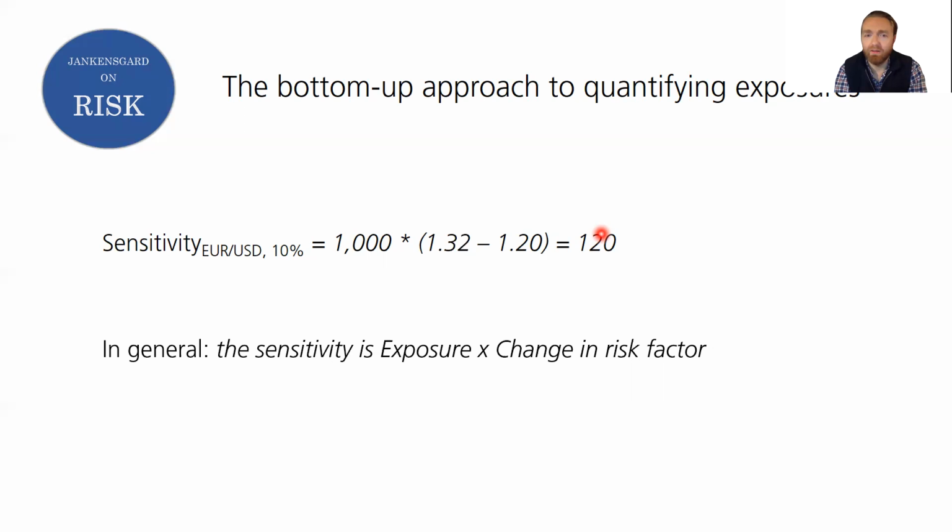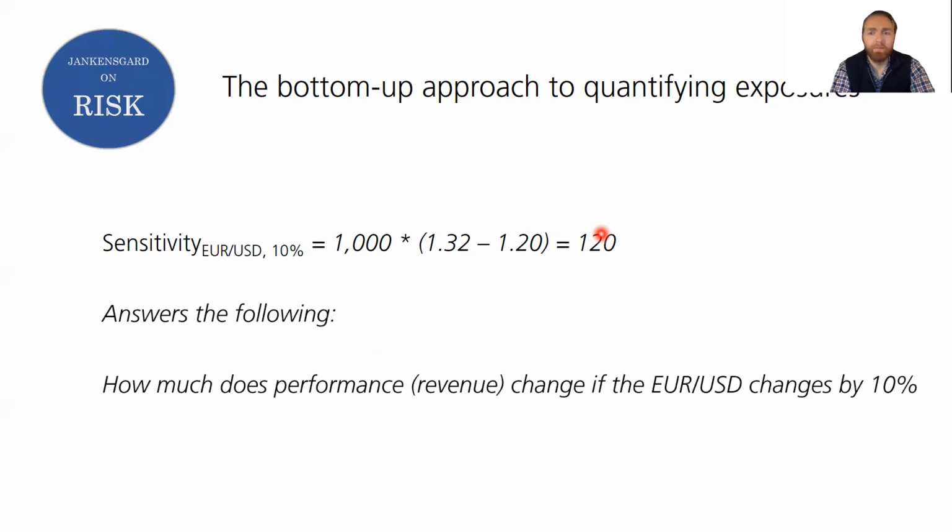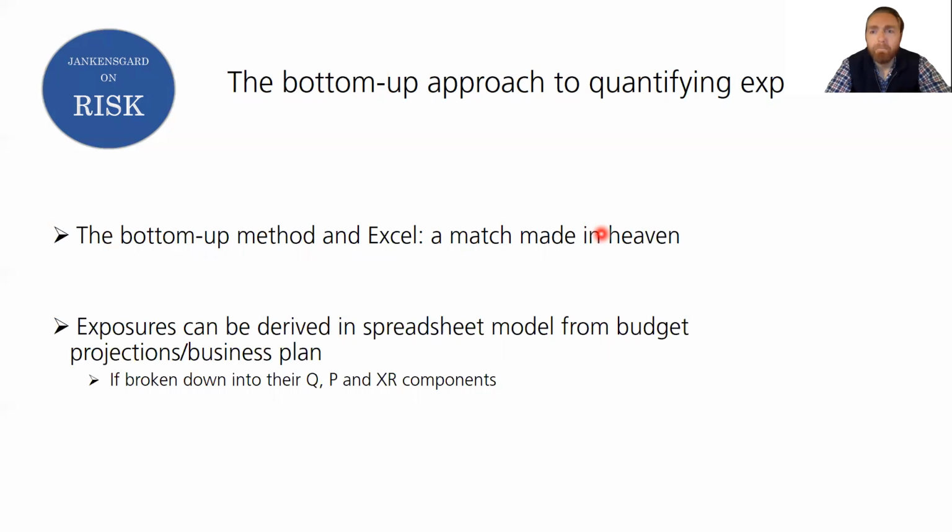All right. So this always holds. It follows from this equation that we're using here, and it essentially answers the following question: how much does revenue in this case change if the US dollar versus the euro changes by 10%? Now we have the information we were looking for, something to tell us what we can expect in terms of performance changes if the risk factor were to be something else other than the best estimate in a forecast.